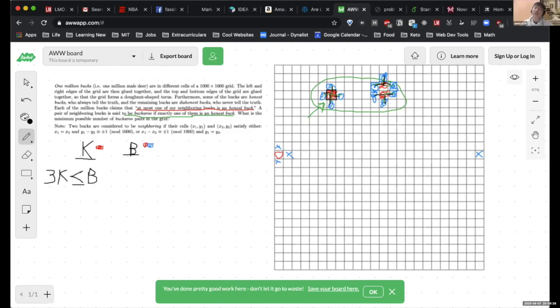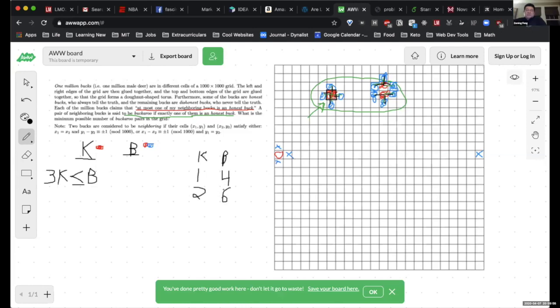I don't care about the bound on K yet, because K can vary between 0 and 1,000,000 as of right now. Obviously it can't, because you need some red and some blue, but we don't know what K is yet. I'm just saying this is the bound we get from considering the red cells. Either K equals 1 and B equals 4, or K equals 2 and B equals 6. These are just counting the number of pairs.